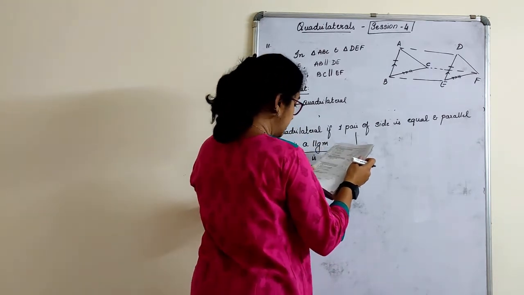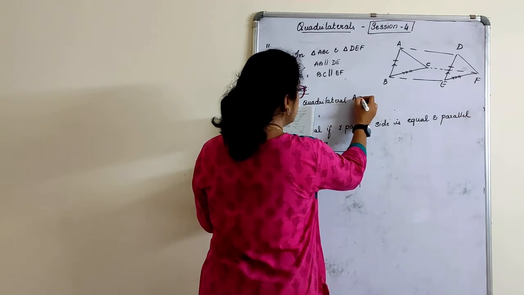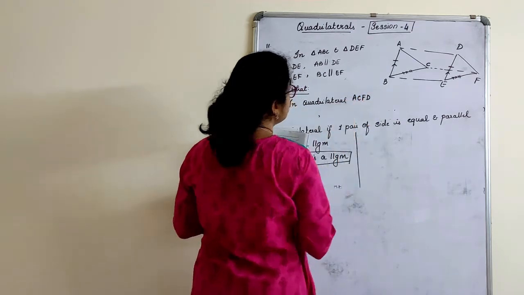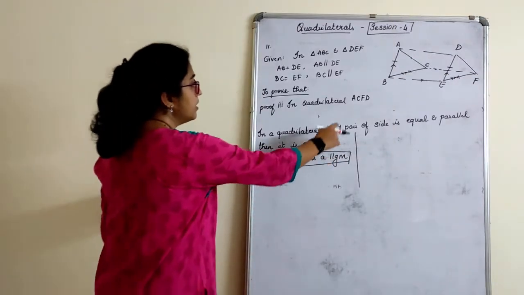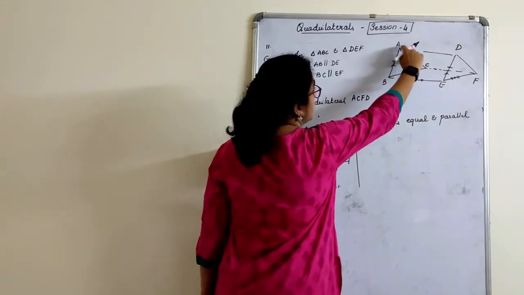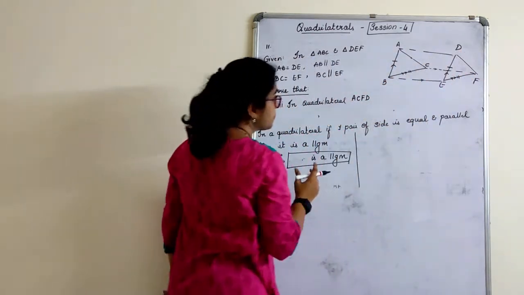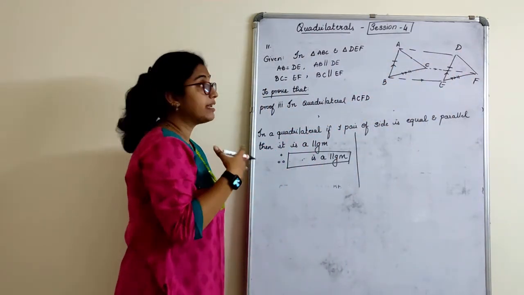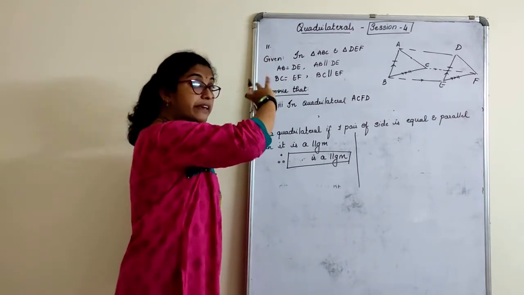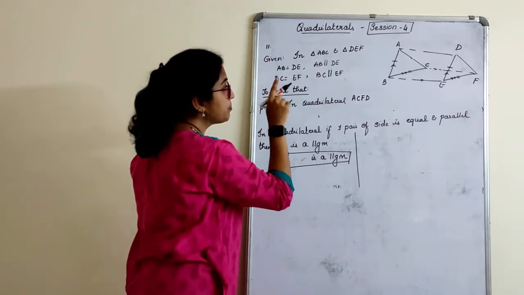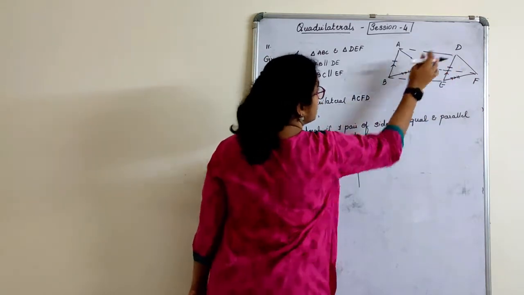In quadrilateral ACFD, let us come to this parallelogram now. To arrive at that, let us write down what we know from the previous two parallelograms. The first parallelogram was this bigger part.